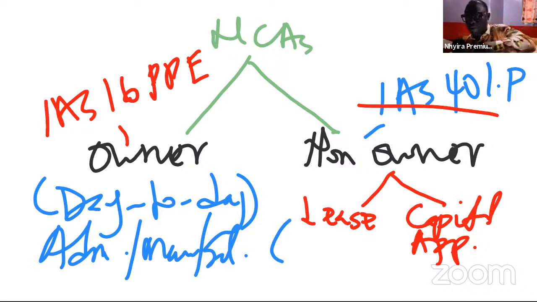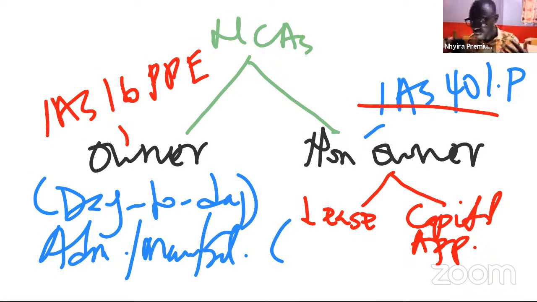An investment property in accordance with IAS 40. Or the business has a land, but has not currently determined the usage of that land or property. For that reason, it will still be treated as an investment property in the financial statement and will be accounted for in accordance with, again, IAS 40 Investment Property.